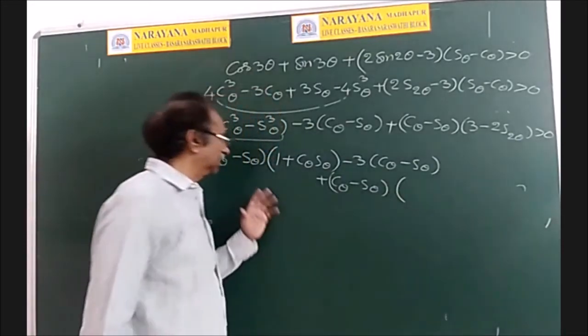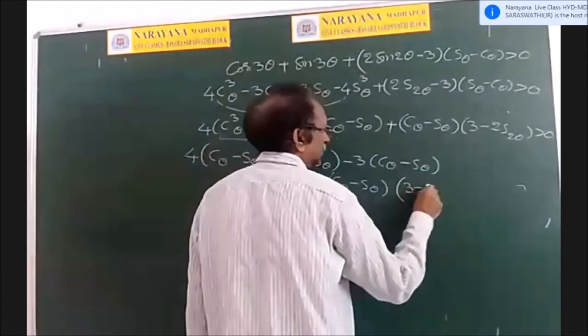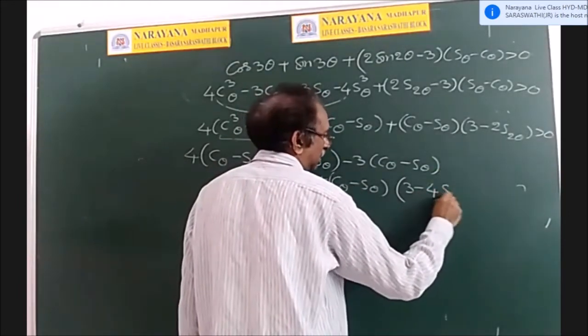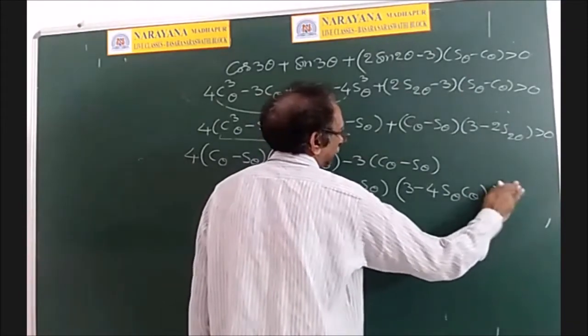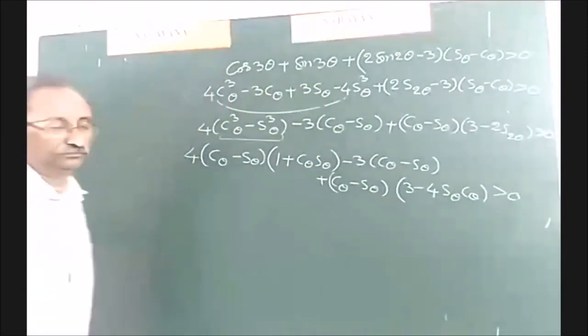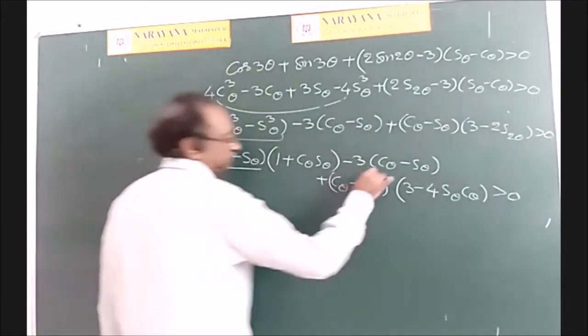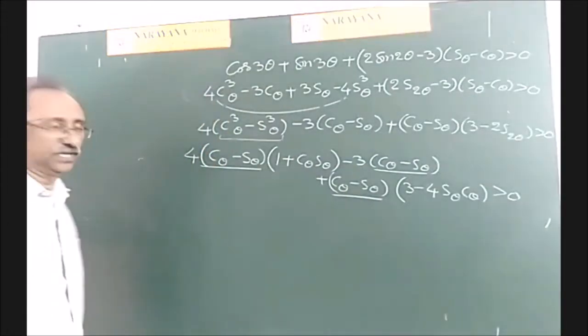And everything is in cos theta sin theta. Therefore, I change sin 2 theta as 2 sin theta cos theta. Already there is 2, therefore, 4 sin theta cos theta greater than 0. And now cos theta minus sin theta is there.